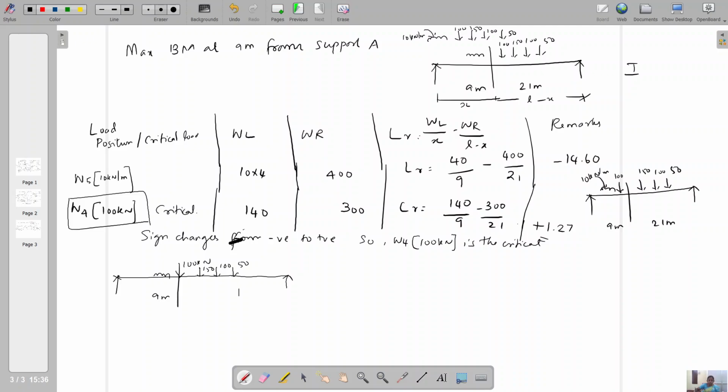Mark all the remaining distances. Here totally 21 meter, 9 meter, here 2 meter, 4 meter. If you deduct 4 and 2 from 9, it is 3 meter, 1.5, 1.5, so 3, 4, and 17 meter. The remaining distance is 17 meter. Actually, for this case, we have calculated the positive shear force.